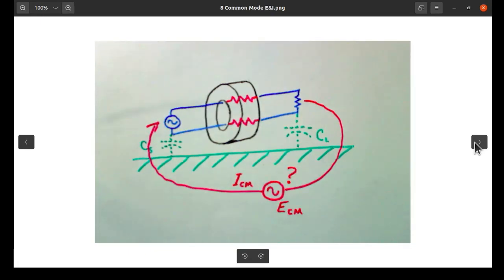Now, where did this current come from? I introduced this common mode voltage generator here. It could have been a common mode current source as well. Either way, the question is, what is the source of the common mode? Well, that comes from anywhere, absolutely anywhere.